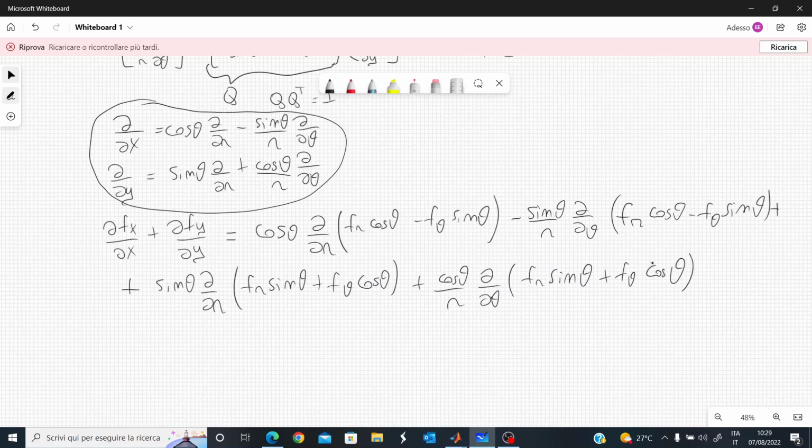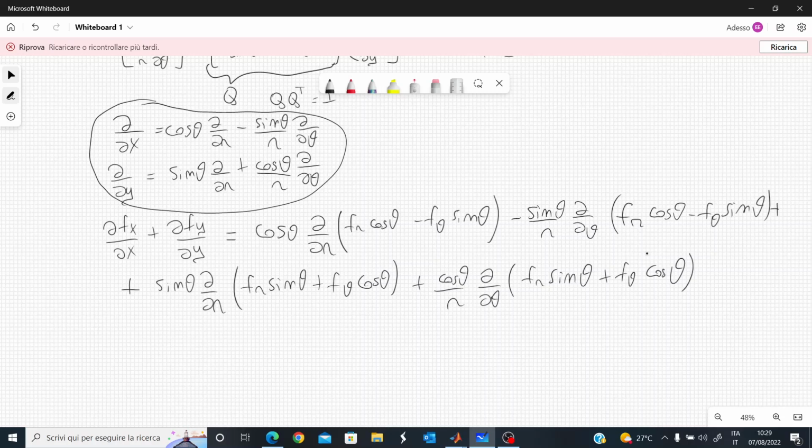And now you just have to do a bunch of calculations. In this case, I will skip them because it's unnecessary to carry out these calculations. They are quite easy to do. Lots of terms will also cancel. And of course, you also have to know that cosine squared plus sine squared is equal to 1.